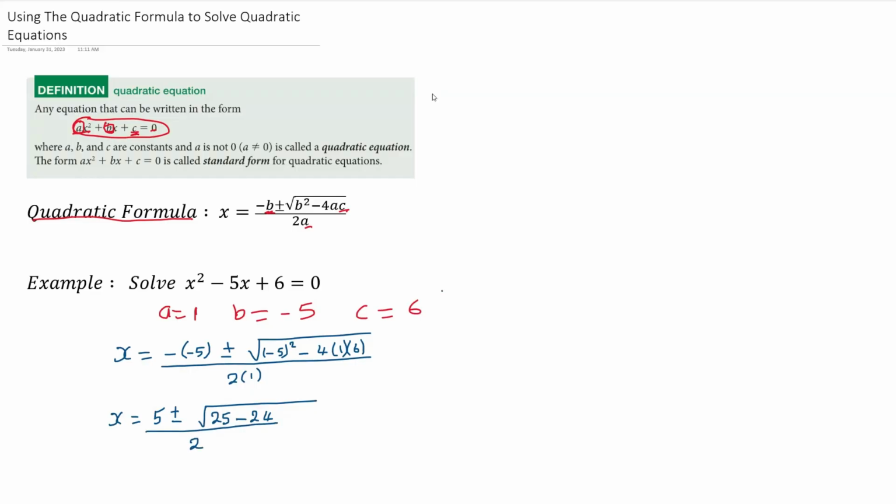So we continue over here. This says x is equal to 5 plus or minus the square root of 1 when you subtract 24 from 25, over 2. We know that the square root of 1 is 1, so x is 5 plus or minus 1 over 2.